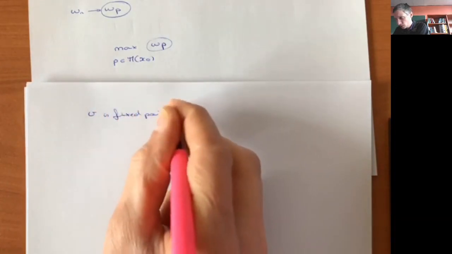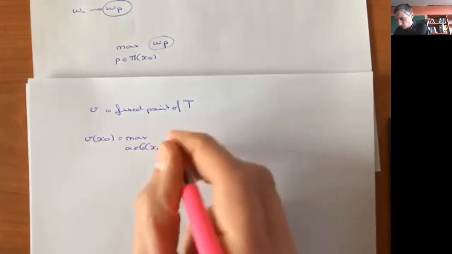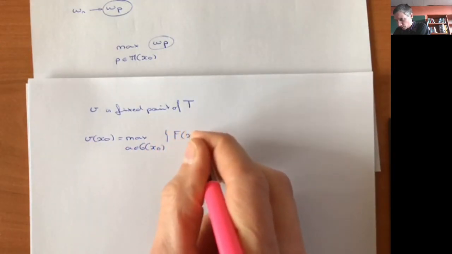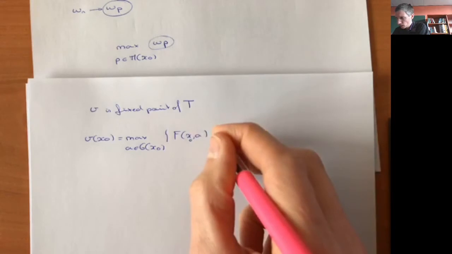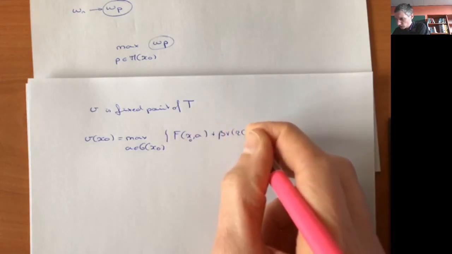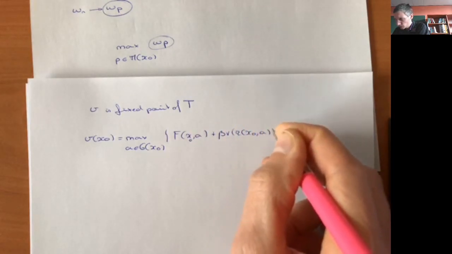Okay, let's continue now. So remember that we had our Bellman operator and our Bellman fixed point. So let V be the fixed point of T. In particular V of x0 is equal to the max over all a in g of x0 of f(x0, a) plus beta V of r(x0, a).